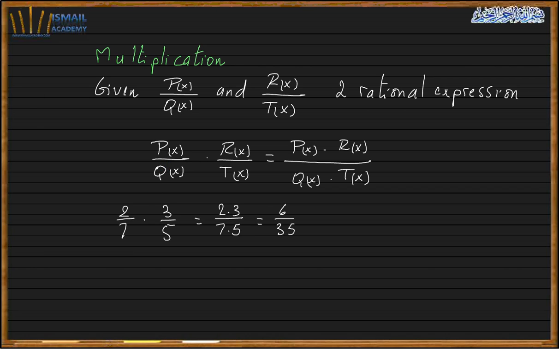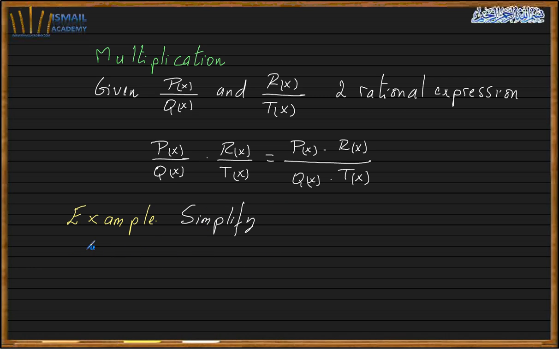So let me show you an example. Suppose I want to multiply those two. Most of the time when they ask you to multiply, they always say simplify. Most of the time the direction is simplify and they give you multiplication.